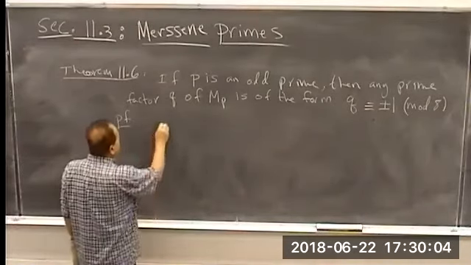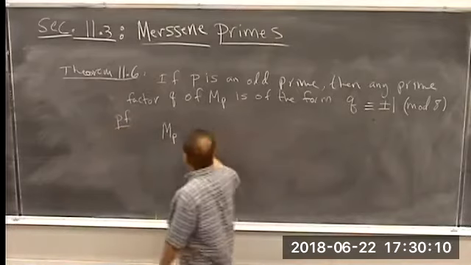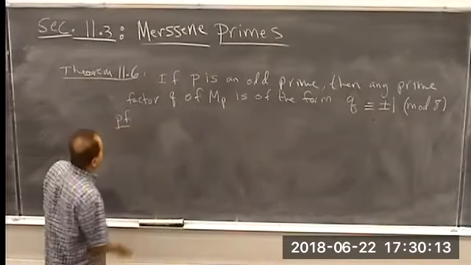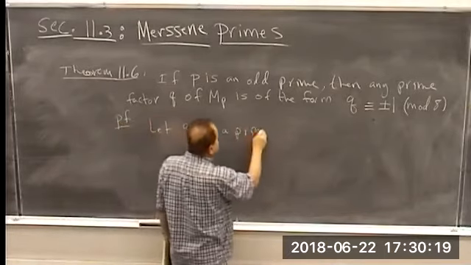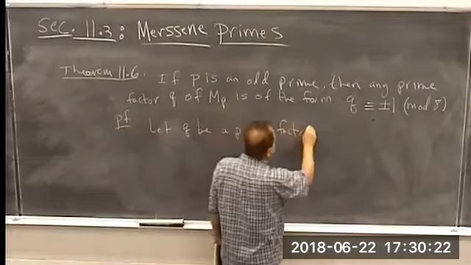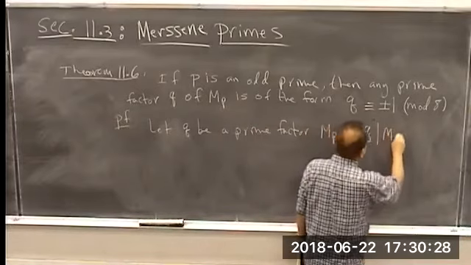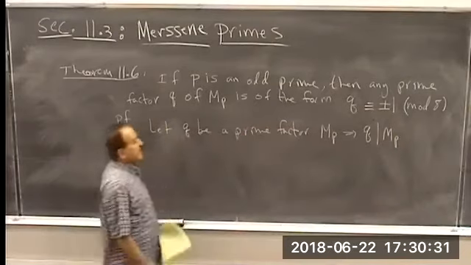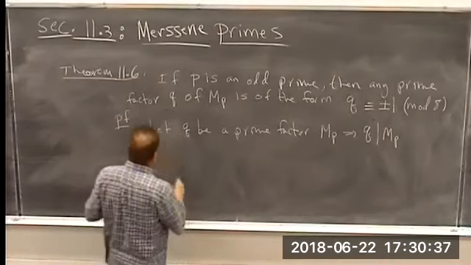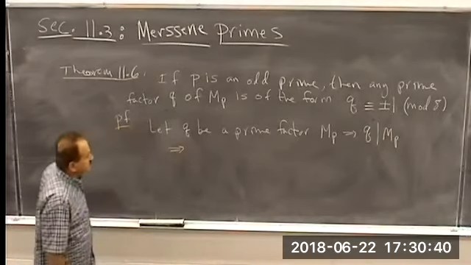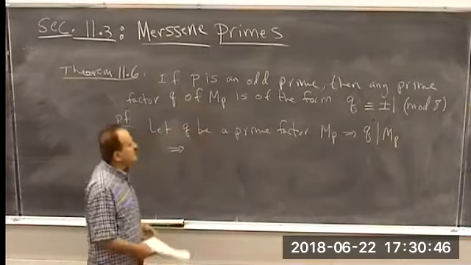So we have M sub P, of course, since we have a prime factor. So let Q be a prime factor of M sub P. This implies Q divides M sub P. This statement could be ambiguous; here, the way it is stated, any prime factor, we're assuming this one has a prime factor.